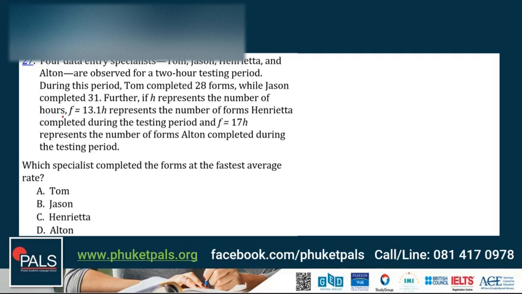So to compare, let us find the rate for each of the specialists. So Tom, 28 forms in 2 hours, so 28 divided by 2 is 14.